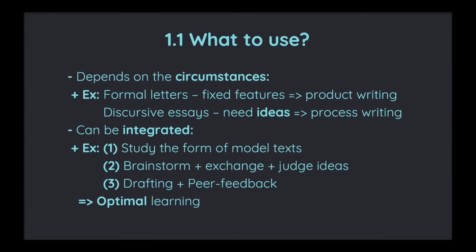Are there any kind of model sentences that they could use in their writing? Next, brainstorm, exchange, and judge ideas. Of course, this is from the process writing method. And the third part is to draft and for peer feedback. Of course, it's also process writing. And when product writing and process writing are integrated, it can push optimal learning in students, of course.